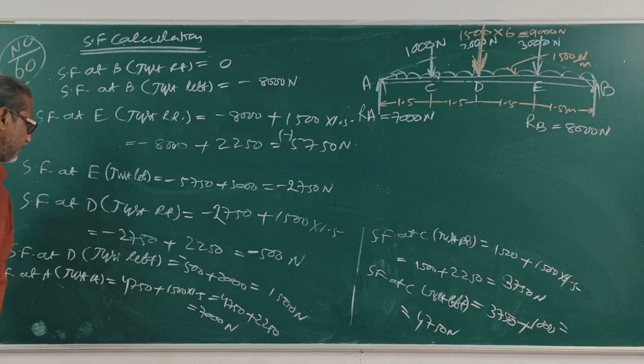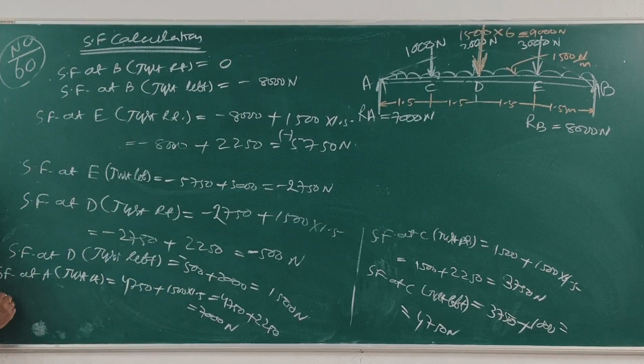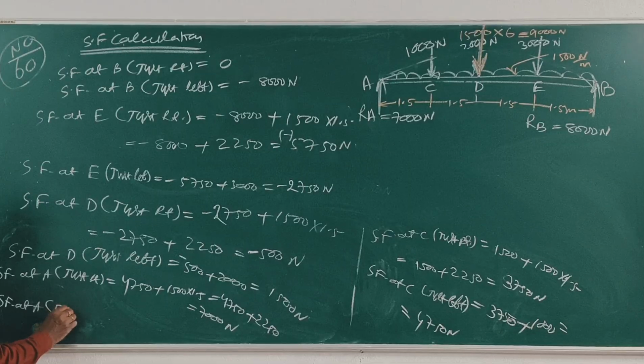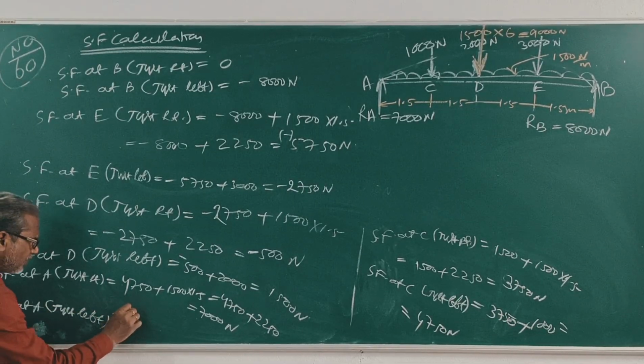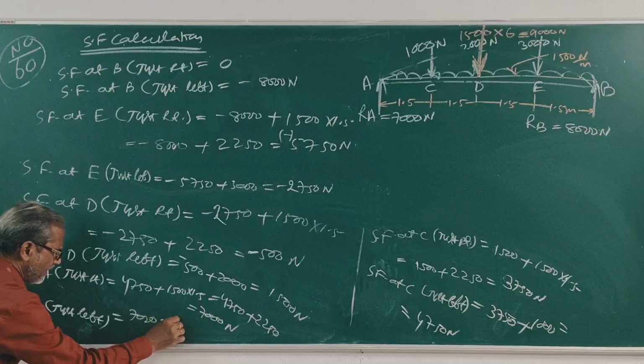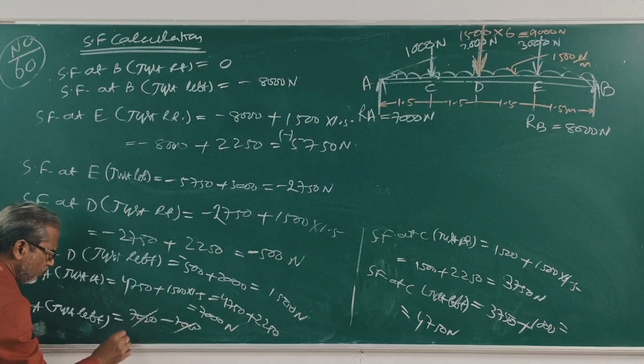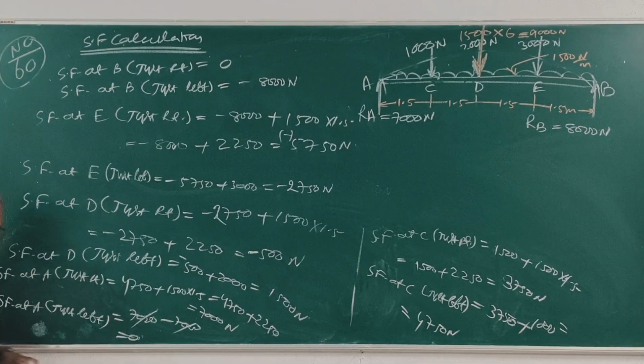A left, shear force at A just left, 7000 minus 7000, 0. Clear?